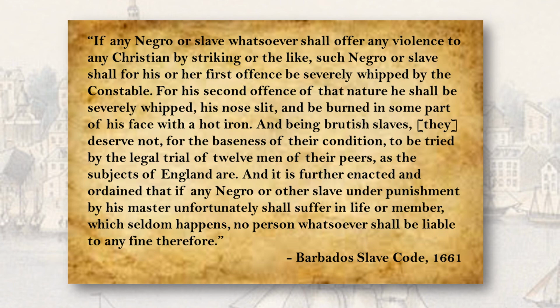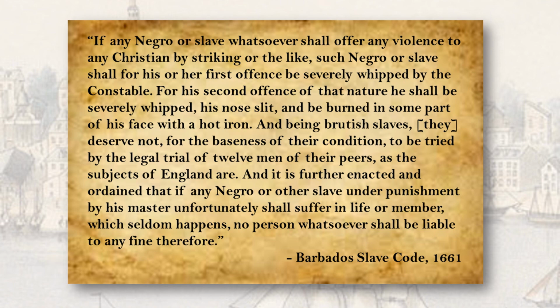And being brutish slaves, they deserve not, for the baseness of their condition, to be tried by the legal trial of 12 men of their peers, as the subjects of England are. And it is further enacted and ordained that if any Negro or other slave under punishment by his master unfortunately shall suffer in life or member, which seldom happens, no person whatsoever shall be liable to any fine thereof.